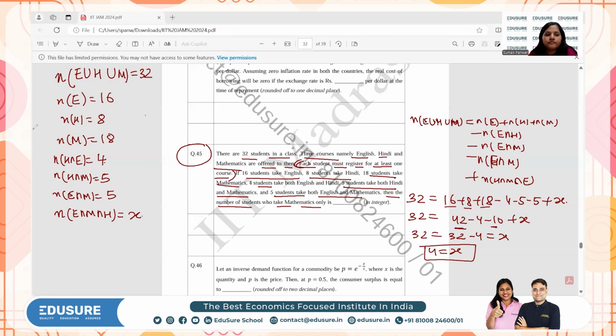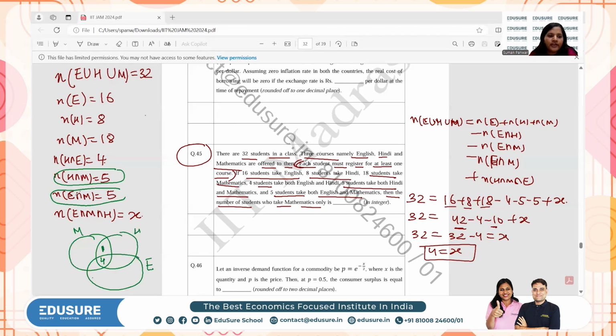So this is math, this is Hindi, and this is English. We have 4 people over here. Now people who take Hindi and math are 5. So 4 are already here, so 1 will be here. And people who take English and math are 5.